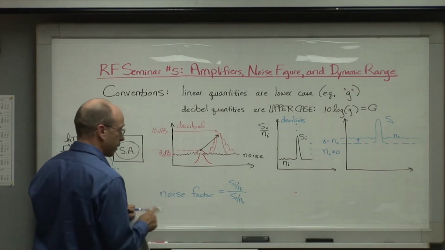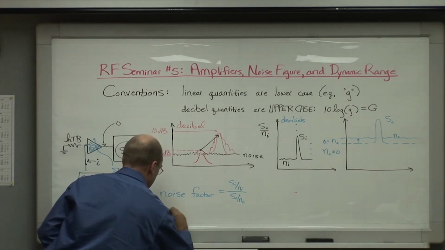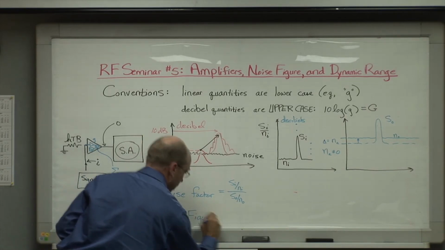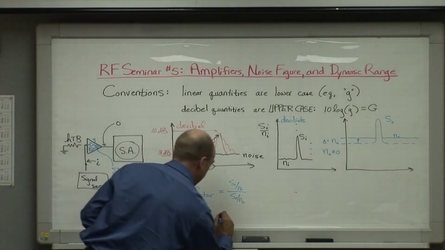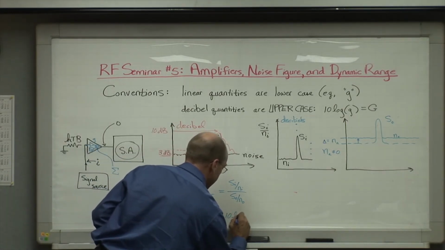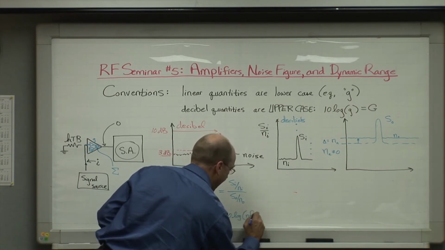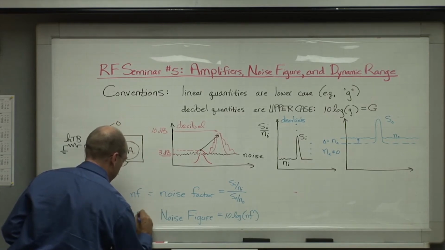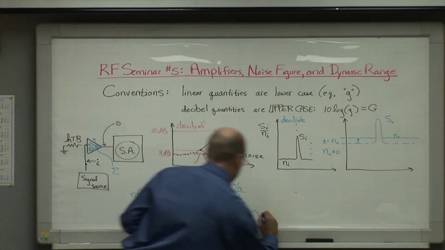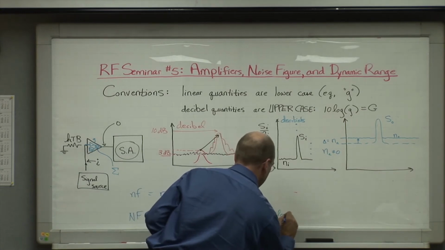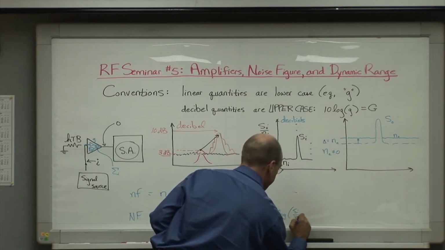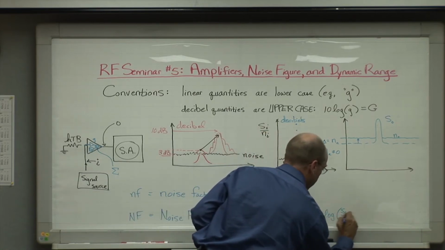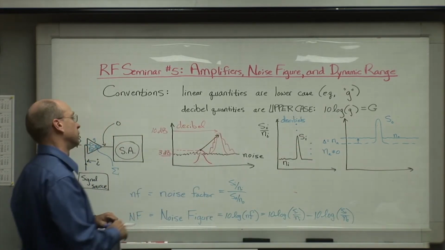Now, for the record, and we will use this later, there's a second quantity, noise figure. And by the way, the terminology I'm using here, I believe, does follow IEEE conventions, which is equal to 10 log of the noise factor, NF, equals, in capital NF, like so. 10 log of that, which of course is 10 log of the input signal to noise ratio minus 10 log of the output signal to noise ratio, like so.